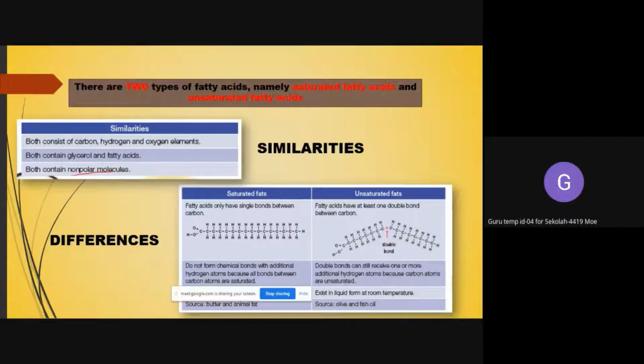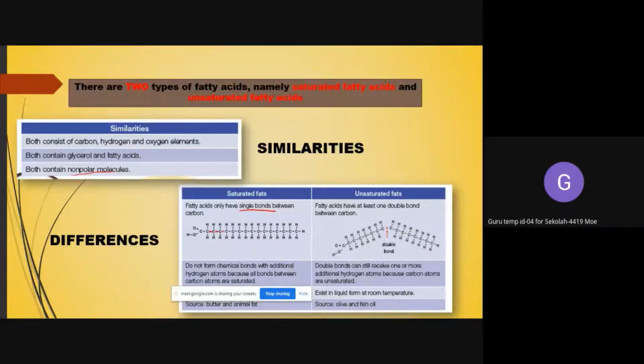Next kita tengok dia punya differences. What are the differences between saturated fats and unsaturated fats? The first one, for saturated fat, fatty acid only have single bond between carbon. So, nampak tak ni?